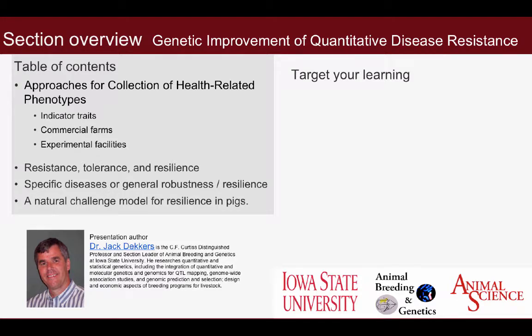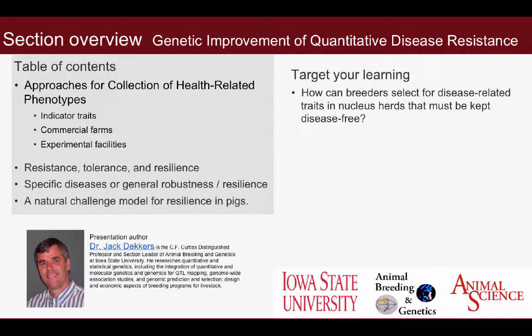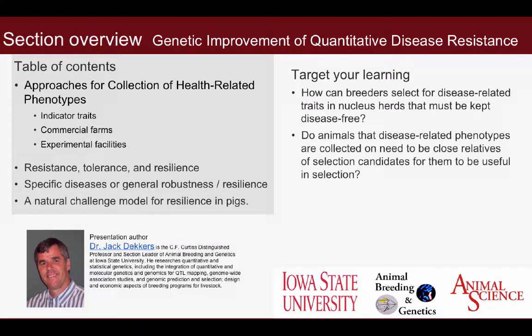To target your learning, I'd like you to keep the following questions in mind as we go through this material. First, how can breeders select for disease-related traits in nucleus herds that must be kept disease-free? Second, do animals that disease-related phenotypes are collected on need to be close relatives of selection candidates for those phenotypes to be useful in selection of those selection candidates?